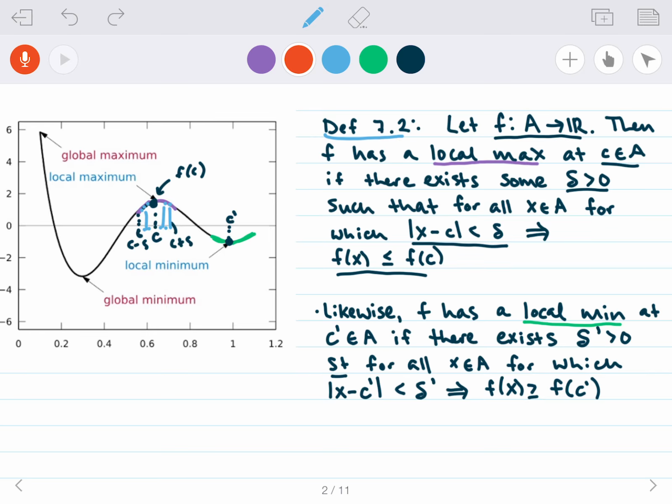We have to make sure that our delta prime neighborhood is small enough so that any of these x values in this neighborhood, when you apply the function to them, are going to be sitting bigger than or equal to f of c prime, which we do see is true here. All of these f of x values, maybe I'll do them in red, are higher than or equal to f of c prime. Okay, so that's the analysis way of saying local max and local min.